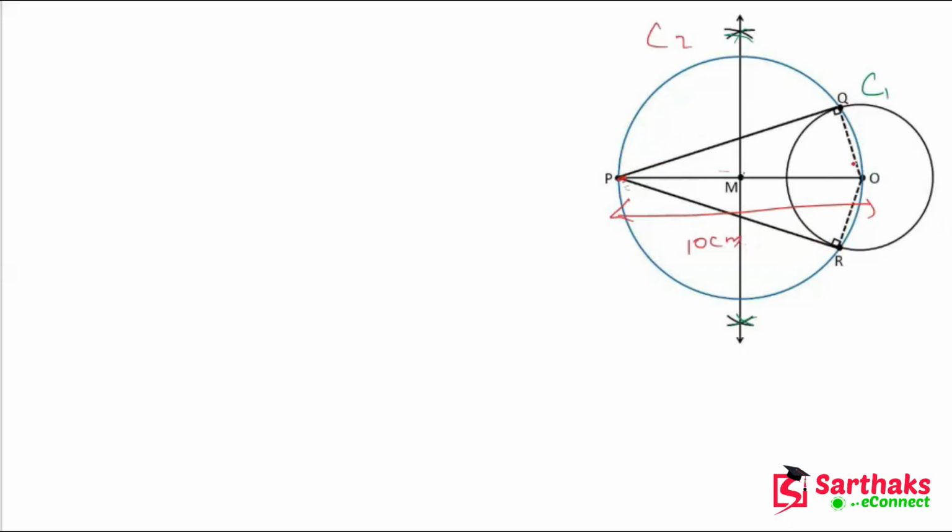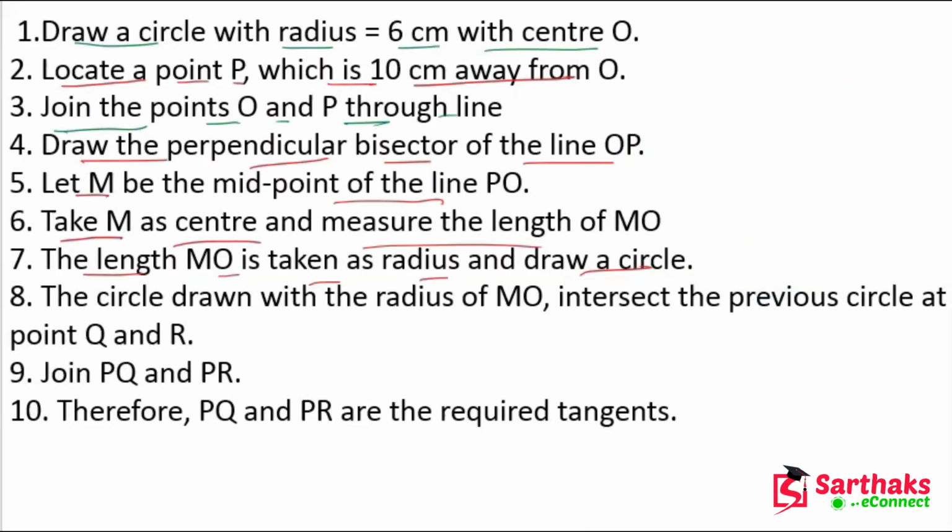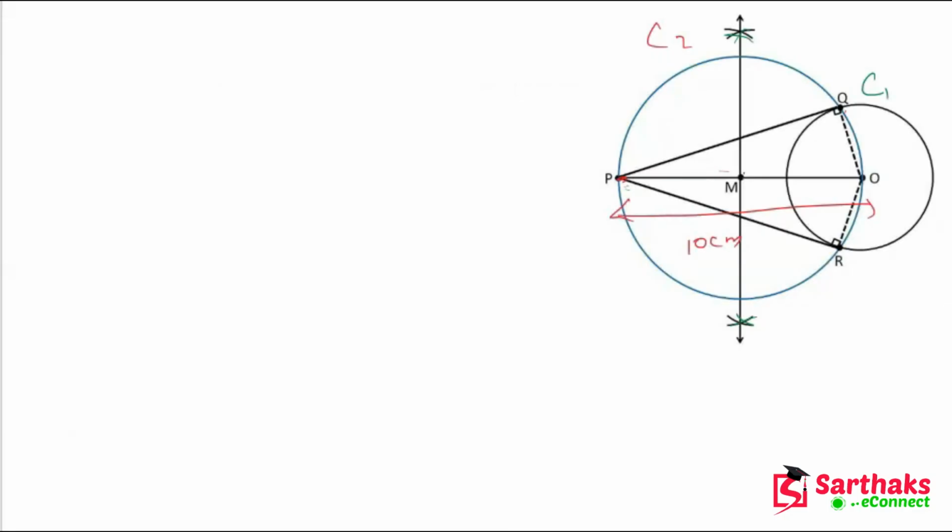Now this circle intersects C1 at two points Q and R. Now join PQ and PR, which are the required tangents.